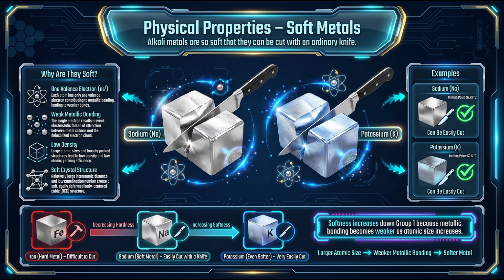metals. As we move downward through Group 1, the increase in atomic size causes the outermost electrons to become farther from the nucleus. The larger distance weakens metallic bonding even further, making the metals progressively softer. Therefore, the general trend in Group 1 is lithium, sodium, potassium, rubidium, cesium, francium: hardness decreases, while softness increases.